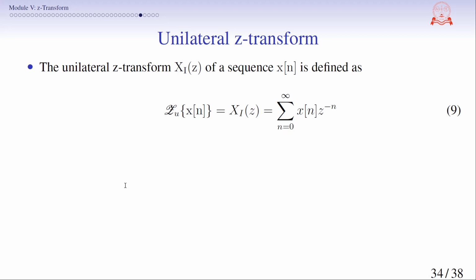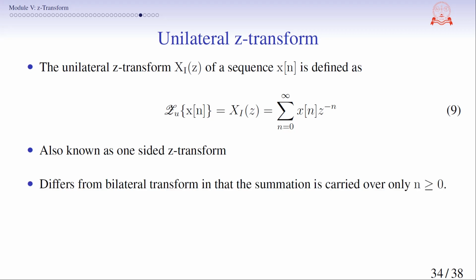If I am computing the sequence either at the causal part or at the anticausal part, then the transform is known as the unilateral Z transform. So the unilateral Z transform can be represented as summation n equal to 0 to infinity x of n into z raised to minus n. This is also known as the one-sided Z transform.